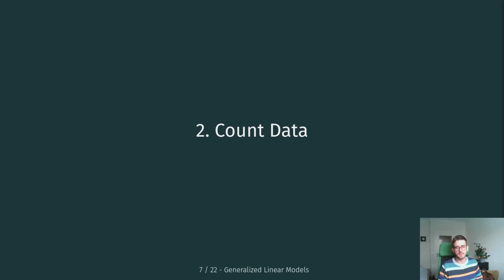So it's slightly different from the binomial distribution or the logistic binomial model, in the sense that we don't have this total number of trials, but we still observe a number of events, so to speak.